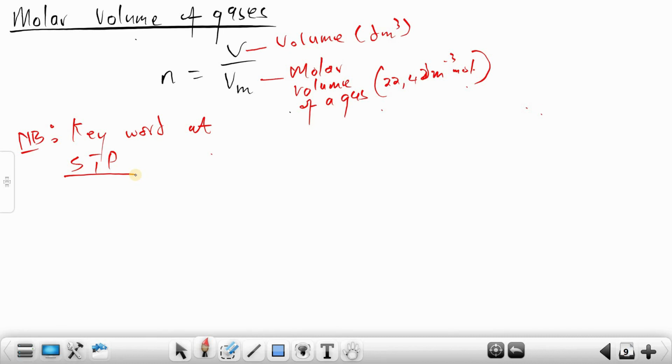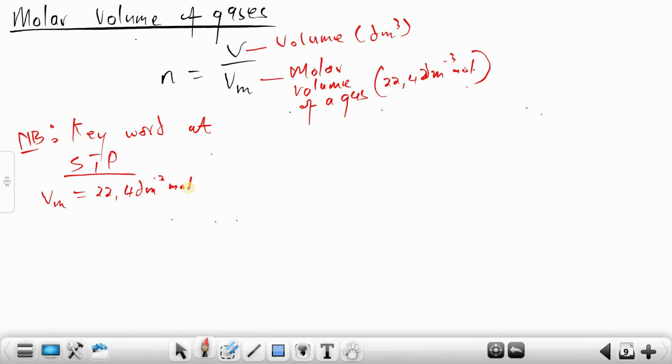So once the examiner says at STP, I can definitely use my 22,4, because at STP, note this, Vm is equal to 22,4 decimeter cubed per mole.